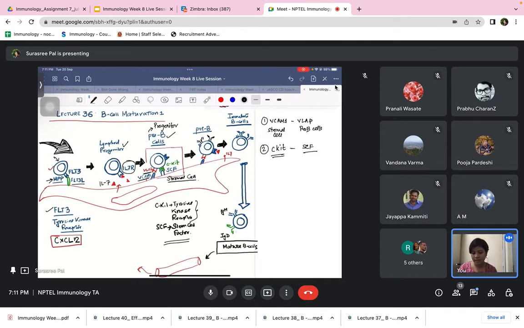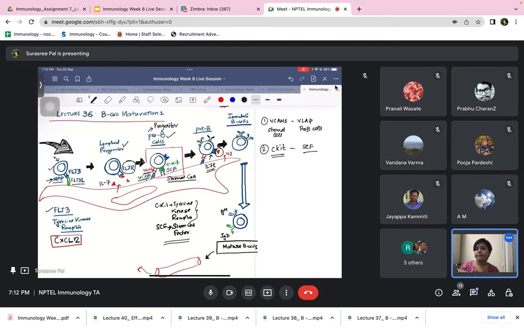How? So this is the IL-7 molecule and this is the IL-7 receptor, right? Once this binding of IL-7 to IL-7 receptor takes place, the cell surface molecules which were helping the pro-B cell to adhere to the stromal cell surface, the expression of those cell surface molecules is going to be down regulated.